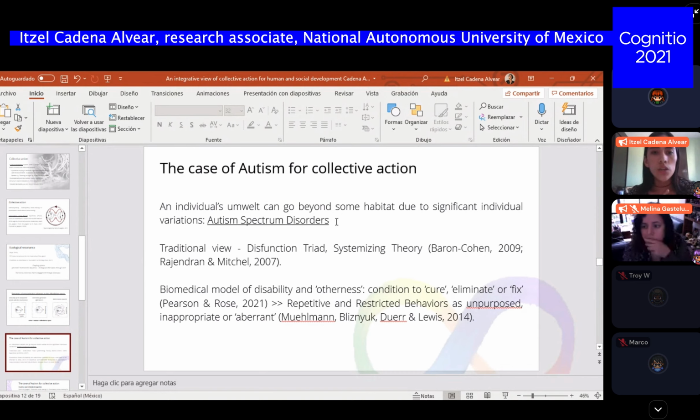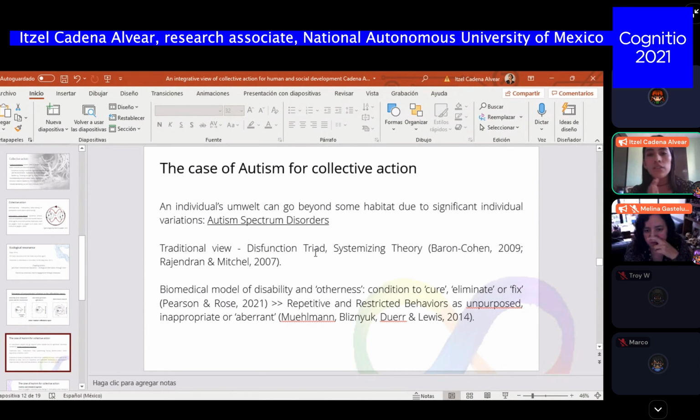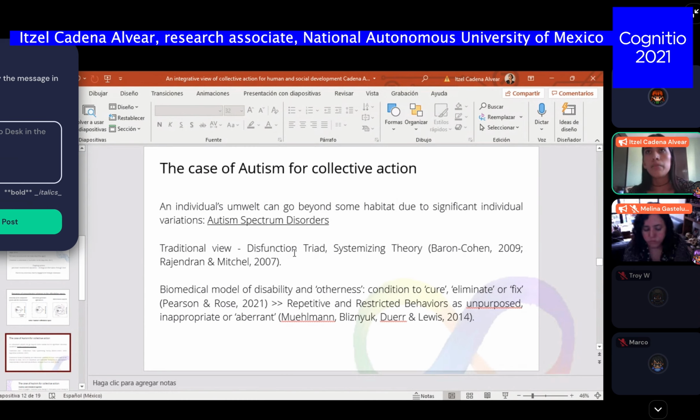So the traditional view of autism departs from these theories, basically. The first one is the dysfunction triad that involves the theory of mind, the weak coherence theory, and the executive dysfunction theory, and also the systemizing theory. In the dysfunction triad, in a representational and functional way, they talk about a deficit in autism, for example, in theory of mind, and they relate it directly to a lack of activity in the central nervous system, right?